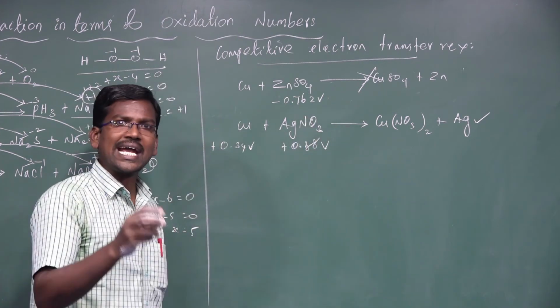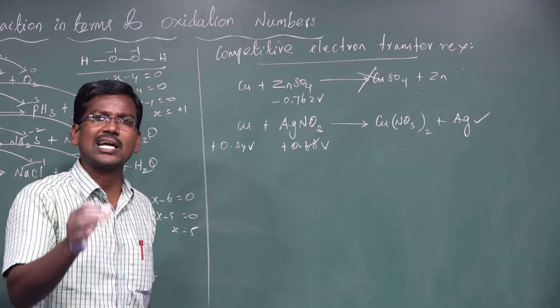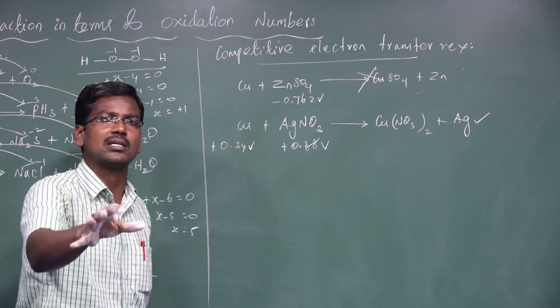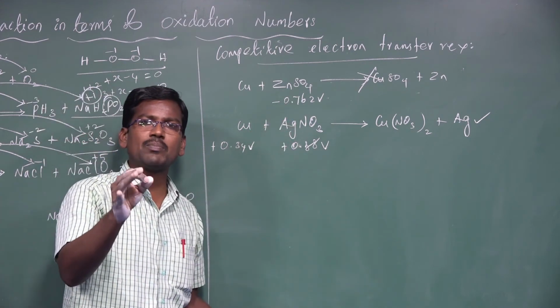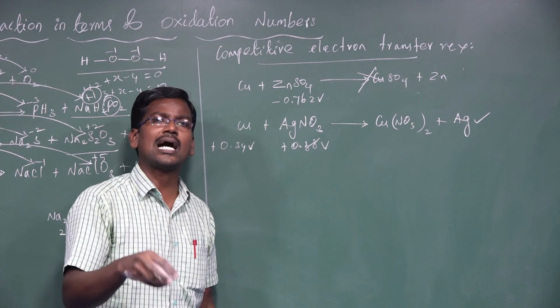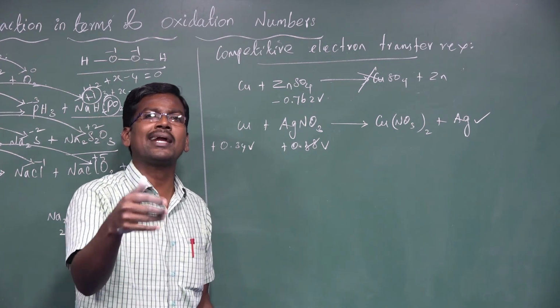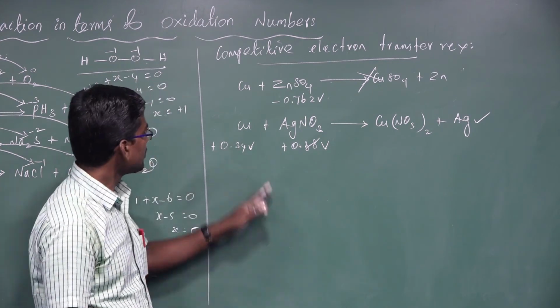So as the negative reduction potential increases, the reducing tendency also increases. That's why in this process zinc metal acts as a powerful reducing agent, and copper acts as a moderate reducing agent.